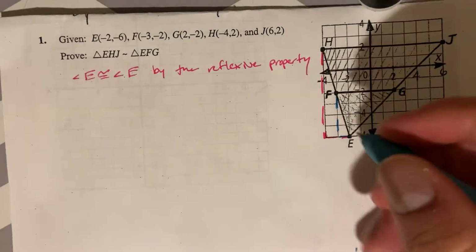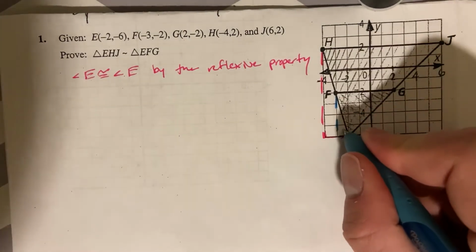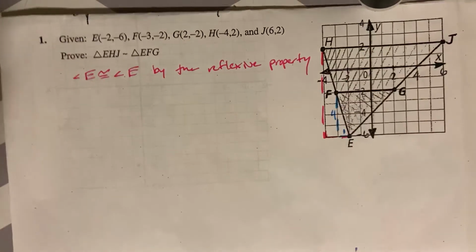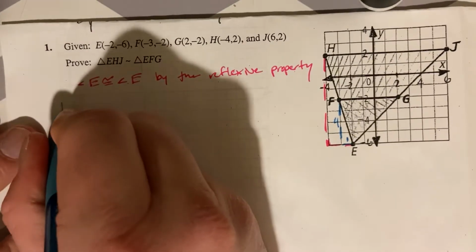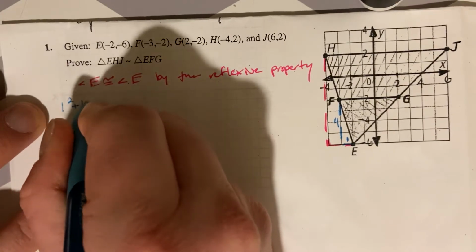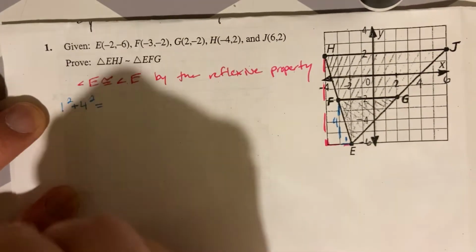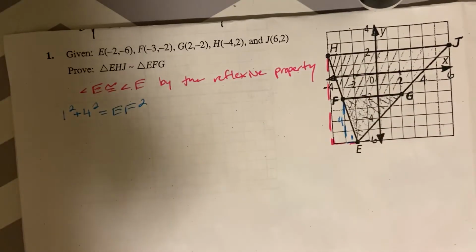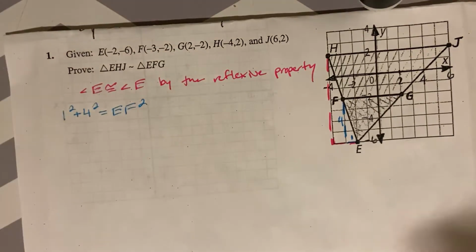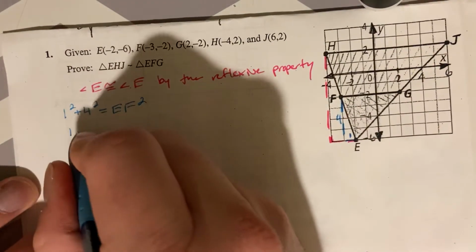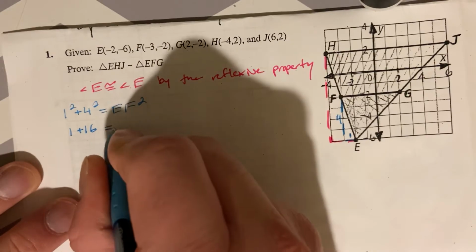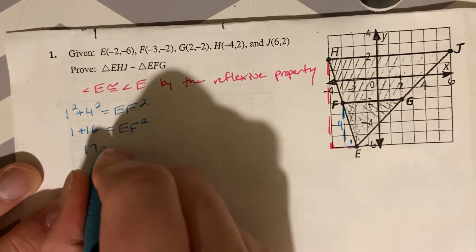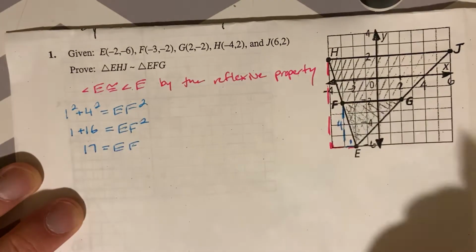Let's start with EF. This is one box. This is 1, 2, 3, 4 boxes. So 1 squared plus 4 squared is equal to, we'll say, EF squared. 1 squared is 1. 4 squared is 16. 1 plus 16 is 17, equal to EF squared.